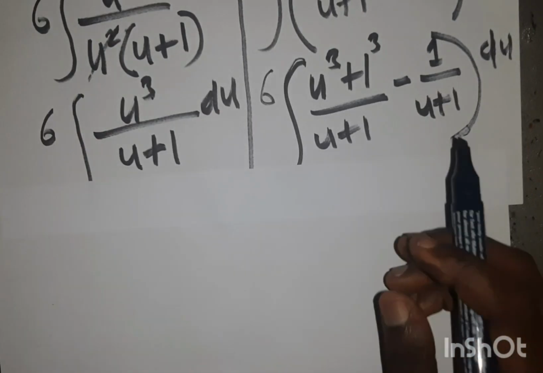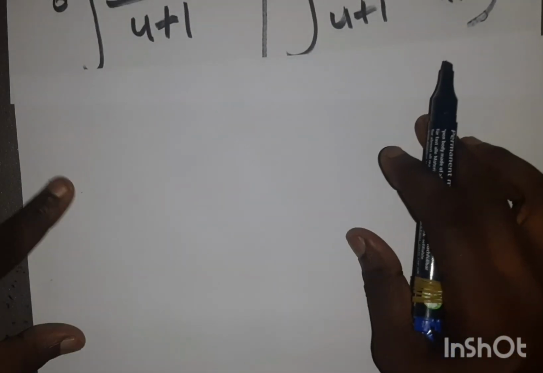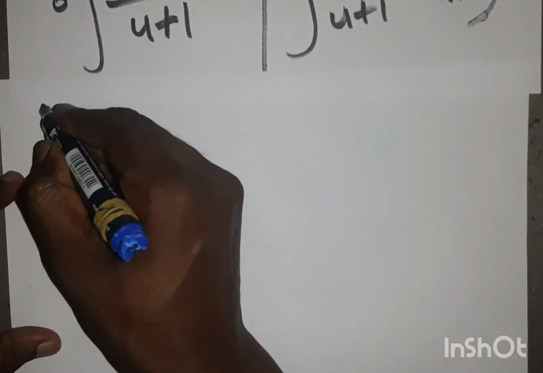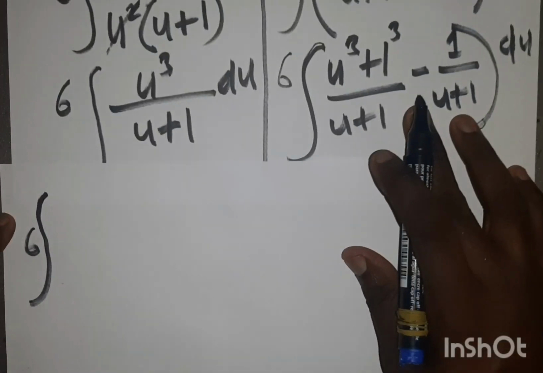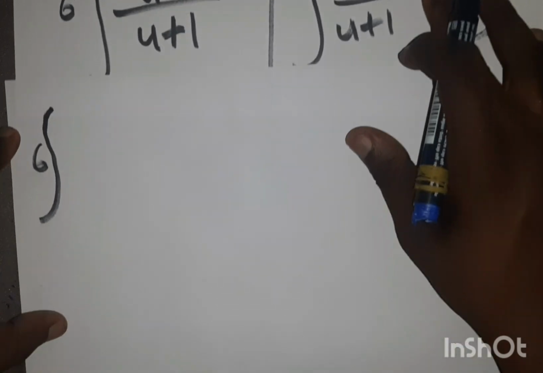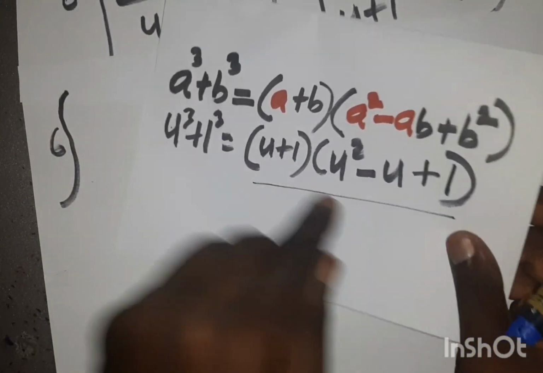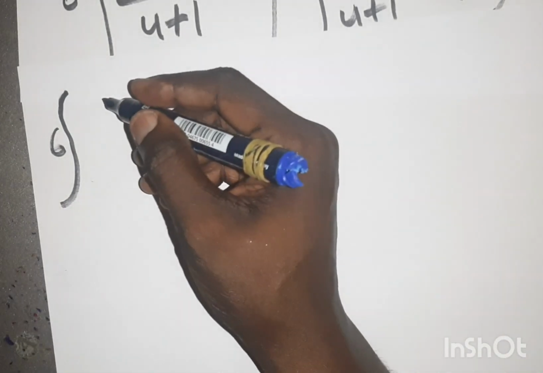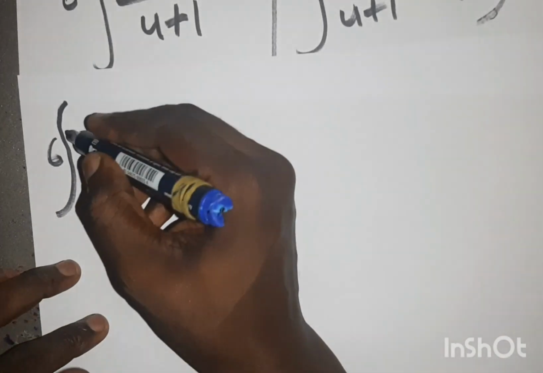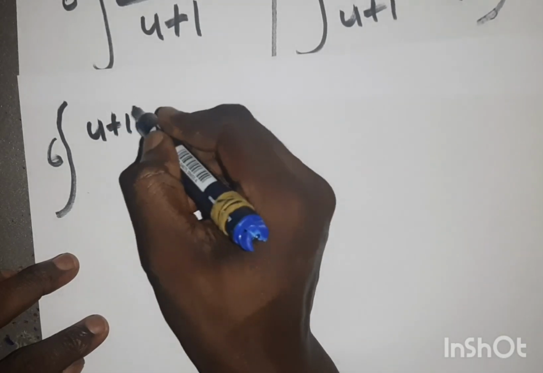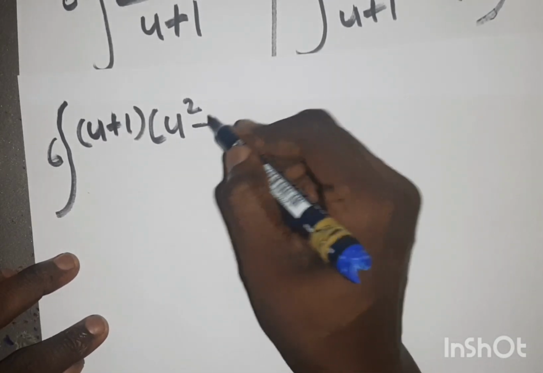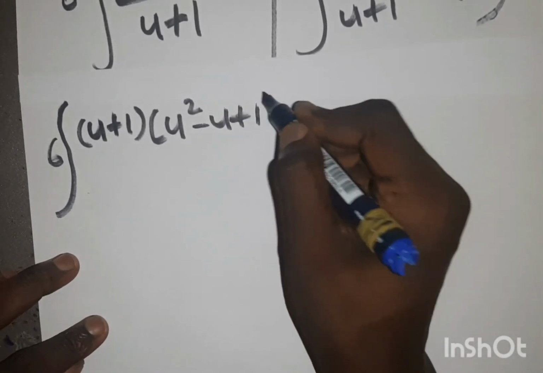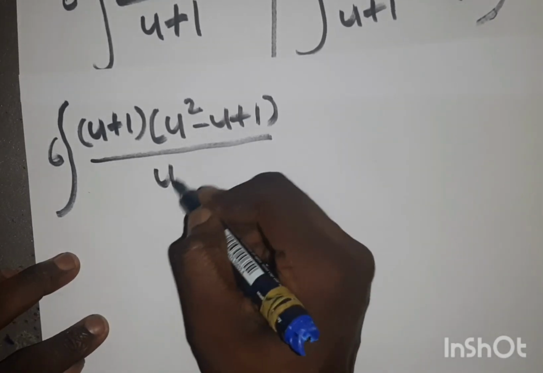So rewriting that, that will be the integral, 6 will be there actually, and then this will now be rewritten as this whole term here. So I'll now write it as u plus 1, bracket u squared minus u plus 1, over u plus 1.